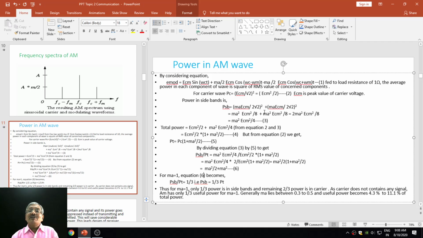By simplifying, we can write it as MA square ECM square upon 8 plus MA square ECM square upon 8. That is equal to 2 MA square ECM square upon 8. 2 ones are 2, 2 fours are 8. With that, we can write the power in the sideband as MA square ECM square upon 4, say equation number 3.